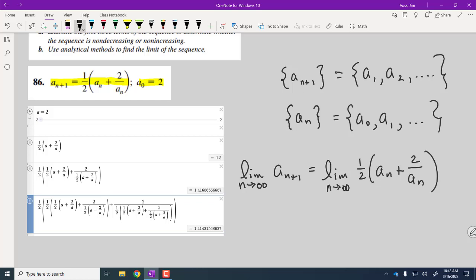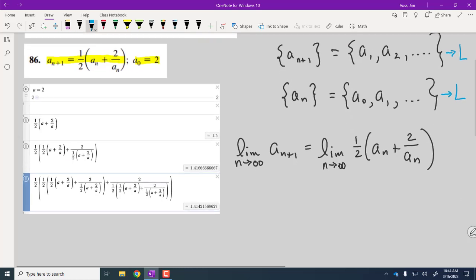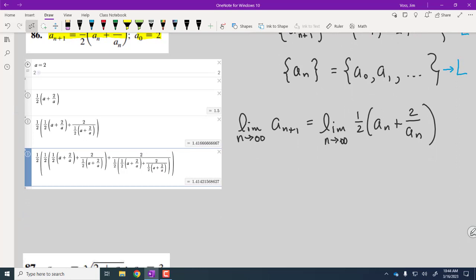And we are going to assume that the limit is L. This is our assumption: we're going to assume that both of these converge to the same thing. Based on our empirical evidence here, it looks like there's going to be a limit, so we're going to say that those things converge to L. So if we take the limit of both sides of that equation, here's what we end up with: this sneaky little algebra equation.